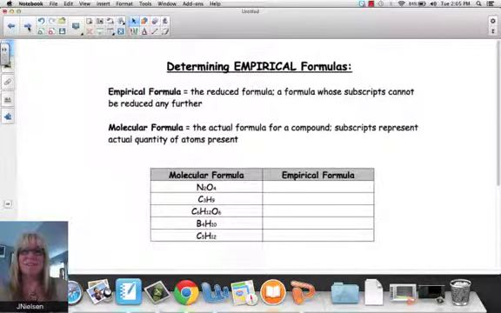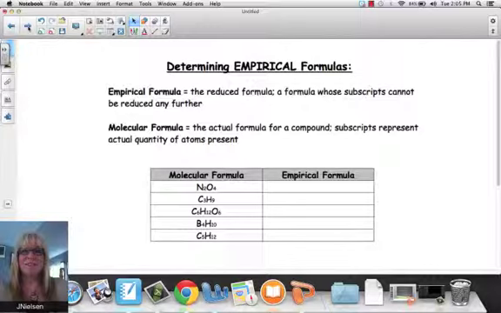Let's begin by differentiating between empirical formula and molecular formula. The empirical formula is the most reduced formula. It's one in which the subscripts can't be reduced any further, whereas the molecular formula is actually a multiple of the empirical formula, and it represents the actual formula for the compound, and the subscripts represent an actual quantity of the atoms present.